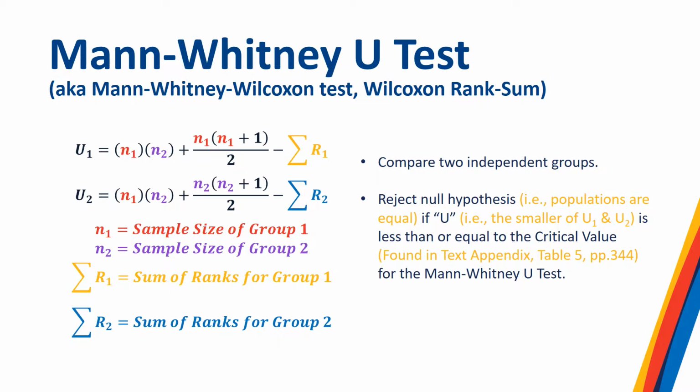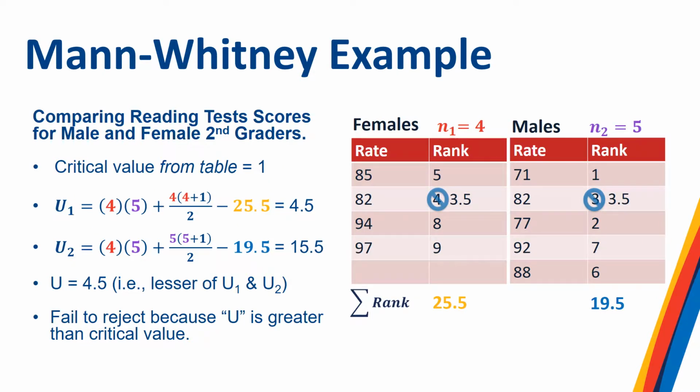An example is on slide 7, where you can imagine you're comparing reading test scores for male and female second graders. You would look up first what the critical value is, and we go to the table at the end of the textbook, and we see that the critical value for this sample size and p-value that we're interested in is 1.